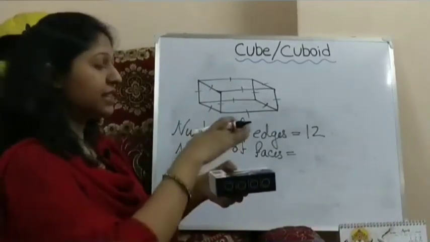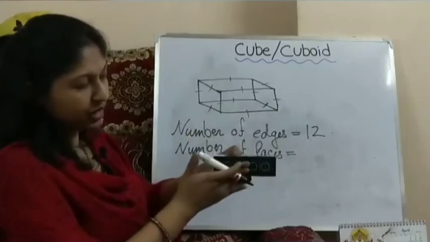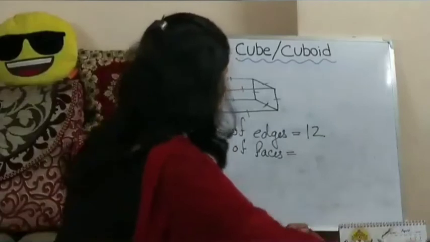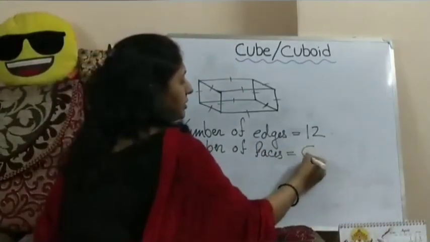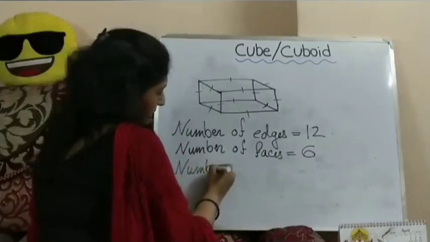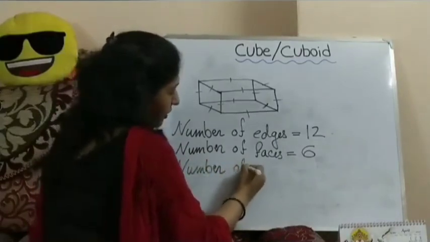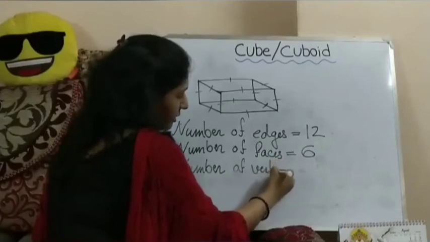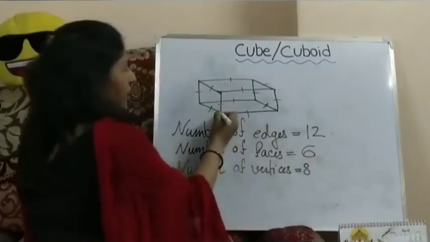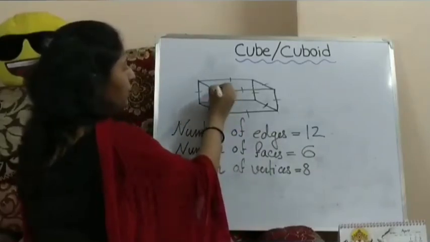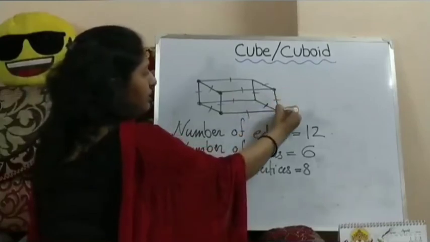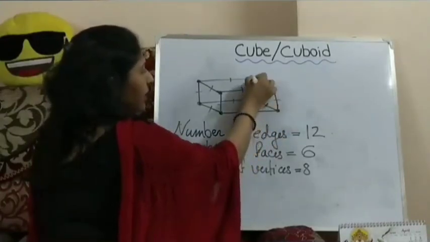So here faces are 1, 2, 3, 4, 5, 6. So number of faces 6. Number of vertices, that is 8. 1, 2, 3, 4, 5, 6, 7, 8.